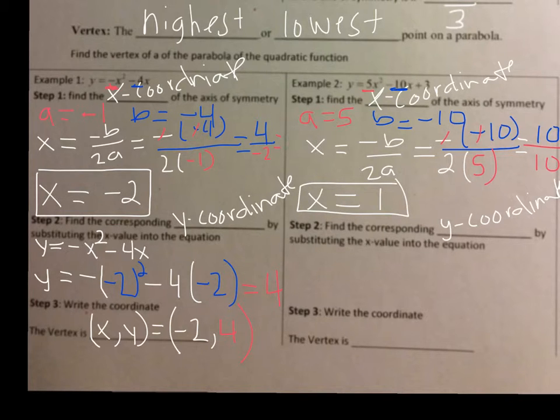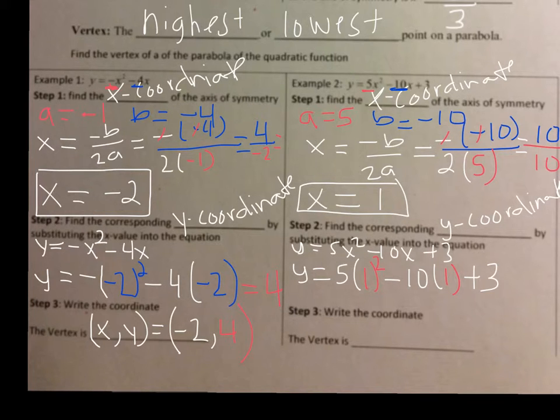So I'll write that down again. y is equal to 5x squared minus 10x plus 3. And let's substitute the variables in. y is equal to 5 times, instead of the x, I'm going to just put down a 1, squared, minus 10 times, instead of the x, I'm going to put down a 1, plus 3.